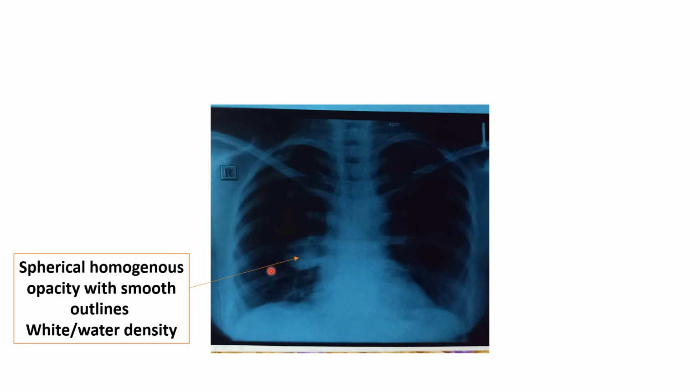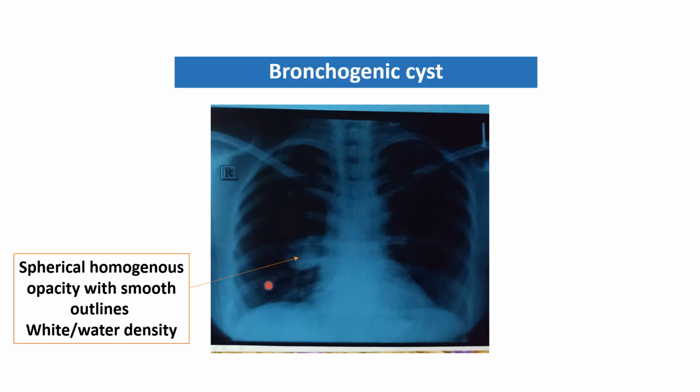It may be because of some fungal or tuberculous infection, and it can be a cystic malformation of the respiratory tract. And this patient was having a bronchogenic cyst, which you can see in this X-ray. So the confirmation can be done by CT thorax.